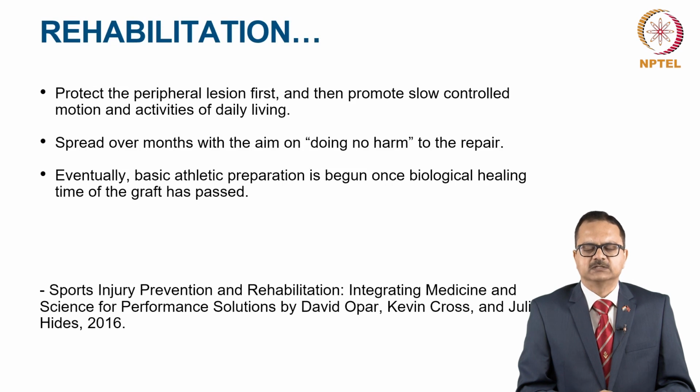Eventually, once the graft is well settled, the graft is healed, biological healing has occurred, basic athletic preparation is begun. The concept here is that once the healing has occurred and the athlete is released by the medical team, then you start the basic athletic preparation.